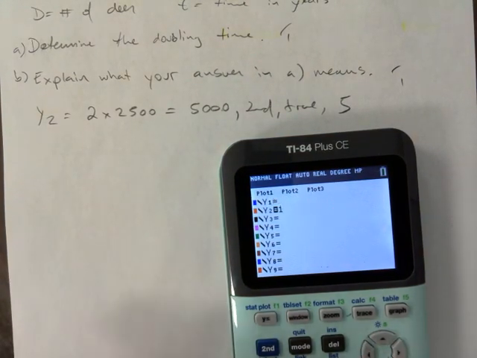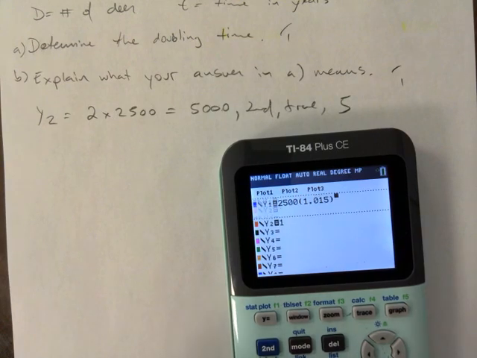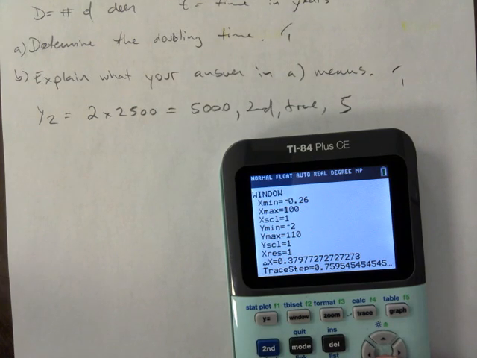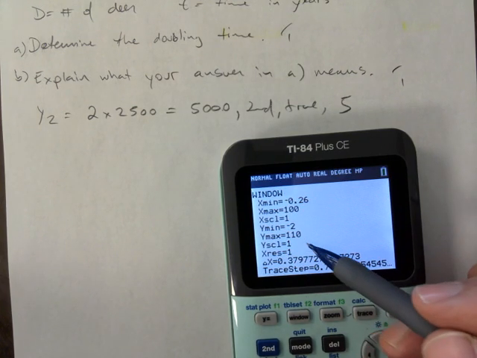I'm going to turn off plot 1. 1.015 to the power of x. For my window, I'm going to let y2 equal 5,000 already. For my window, I better include way more than 110, right?